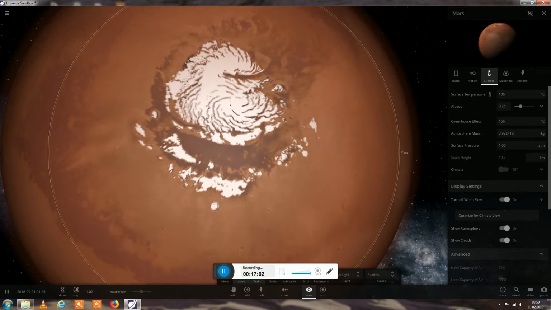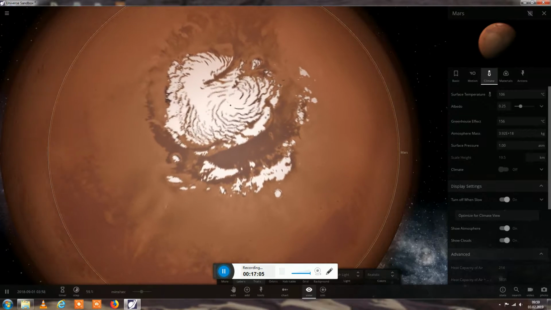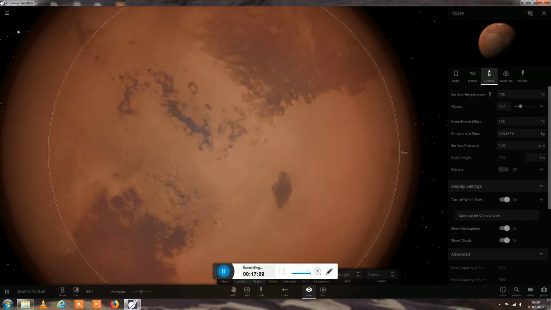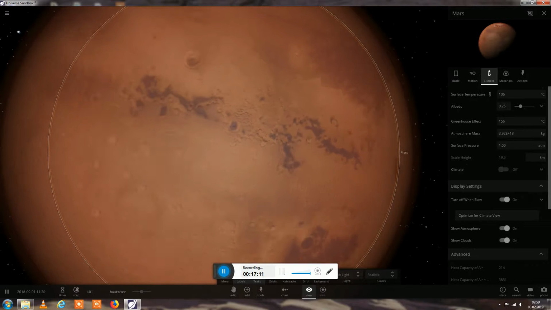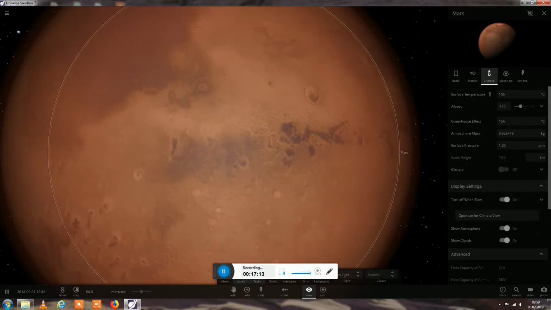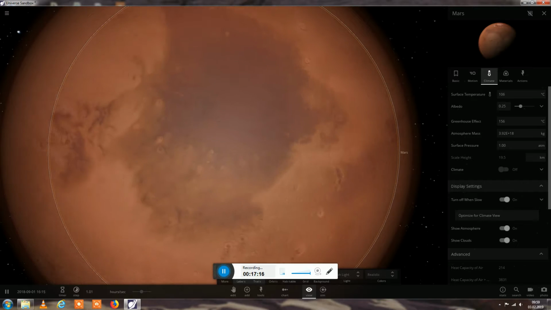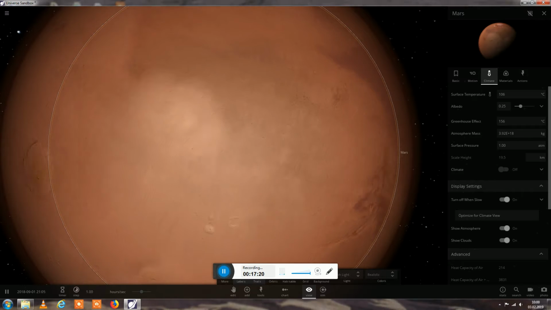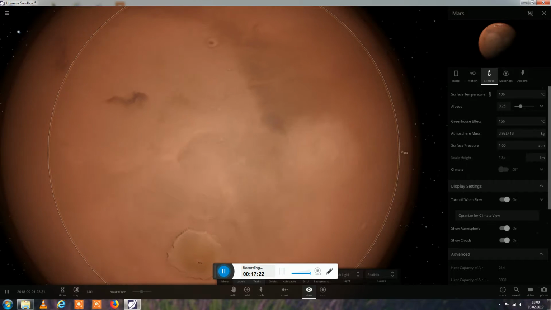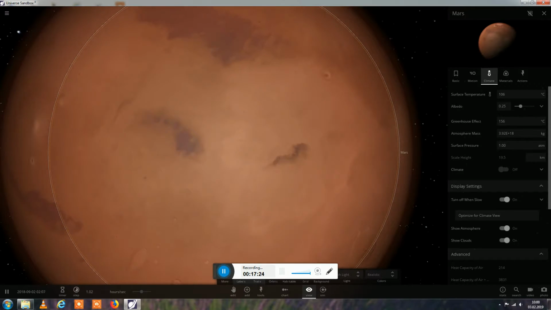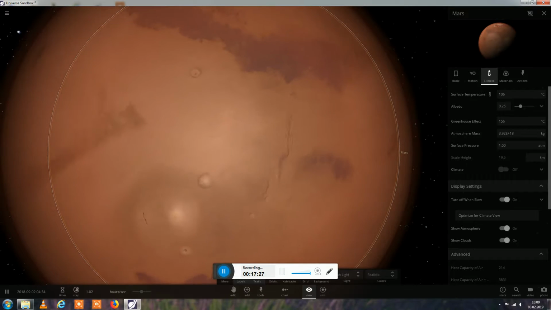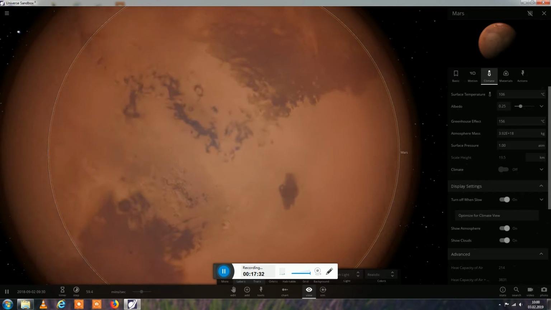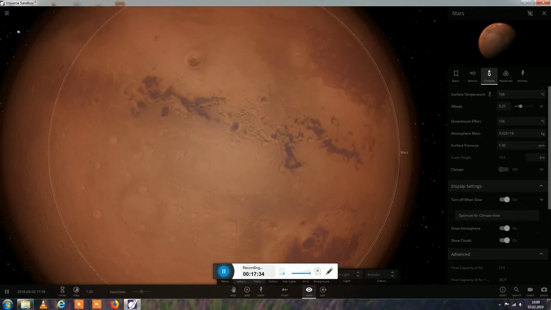Now, sometimes if the conditions are just right, in some areas the water actually bursts out of the ground in small streams that last maybe just a few minutes or so before the water boils off. Because as I said, the atmosphere is too thin for the liquid water to survive long on the surface.